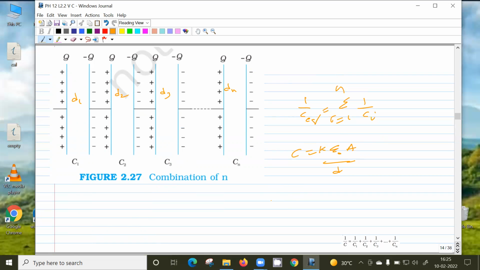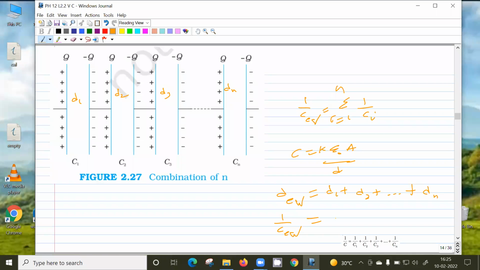So the D's will add. The D of the equivalent capacitance will be equal to D1 plus D2, and so on up to Dn. And D equivalent is proportional to 1 by C equivalent. K is the same for all capacitors, epsilon is also the same, and assume all the capacitors have the same area.